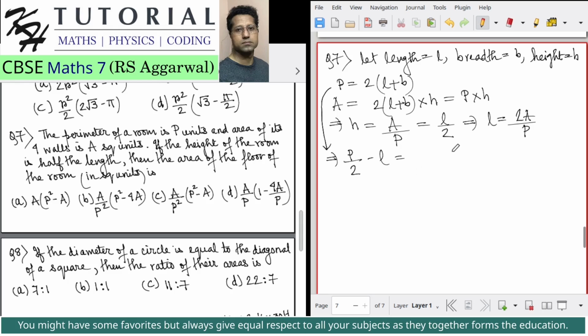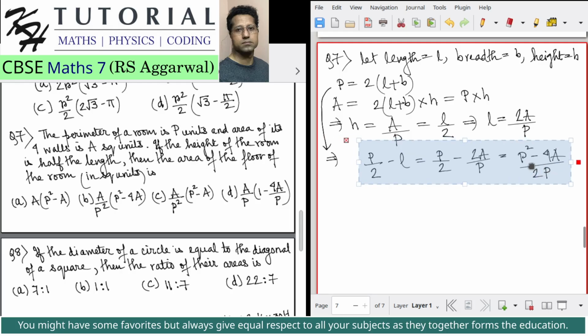Okay. Now what is L? L is twice A by P. If I simplify this, this will be P square minus 4A by twice P. Oh sorry, this will be actually, I'm trying to find out what is breadth.